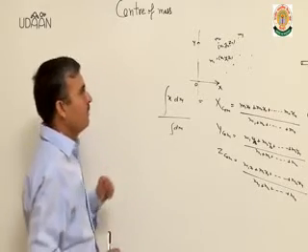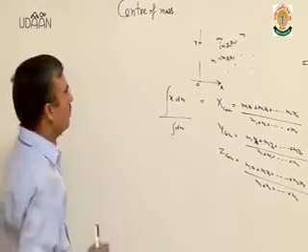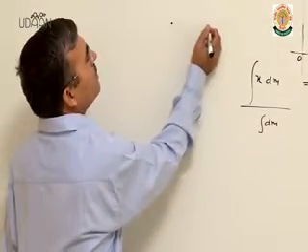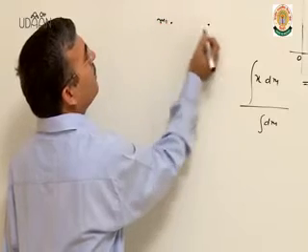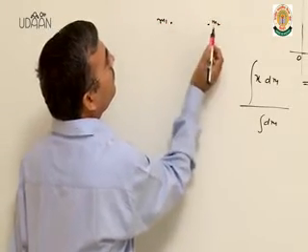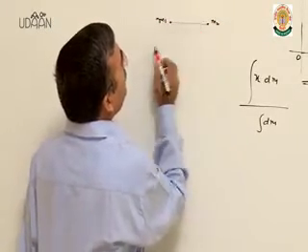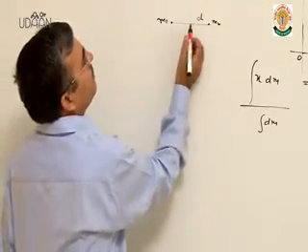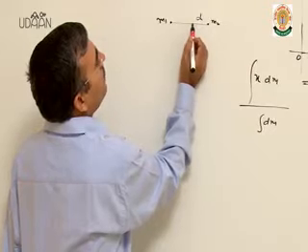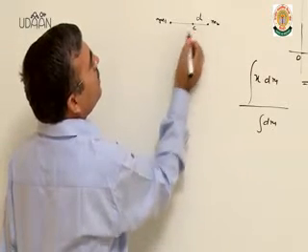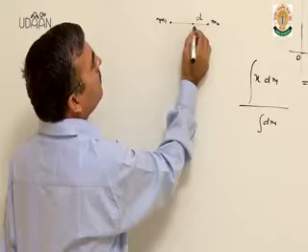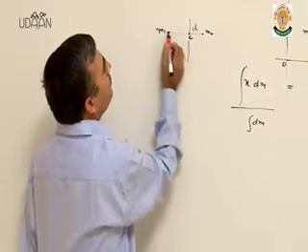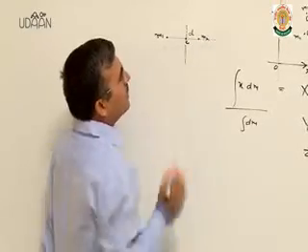Clear? Now, let us apply these formulas to find the center of mass of two point masses m1 and m2. Let the separation be d. Suppose the center of mass is at this point C. Let this point be the origin; we can take the origin at any point, it is our choice.